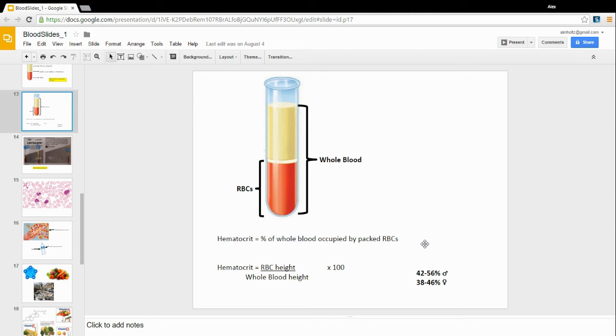Normally for a guy, it's somewhere between 42 and 56%. For a lady, it is between 38 and 46%. Maybe you can think about why a guy might have more red blood cells. It is a hormonal reason, and I'll ask you about that in class as well.